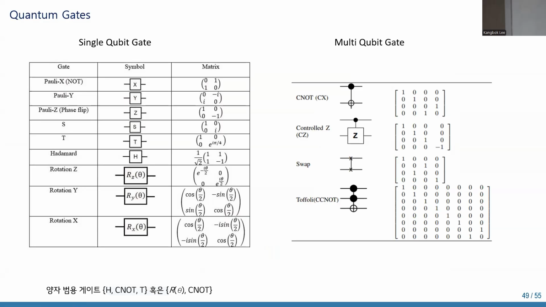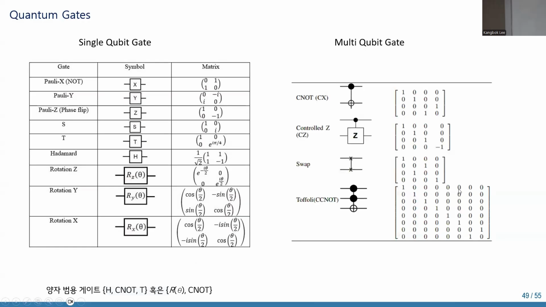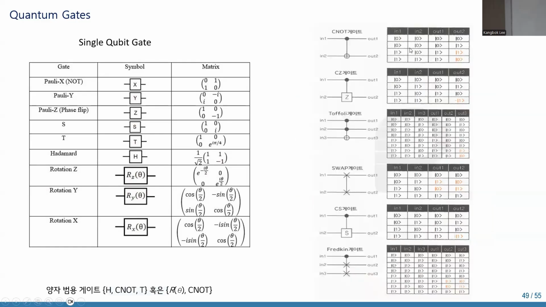I think you don't need to memorize this matrix, just understand this mechanism. This is exactly the same as this matrix. So for the CNOT gate, when the control is 0, nothing changes. When the control is 1, it just changes from here to here. So this is almost everything about the gates.